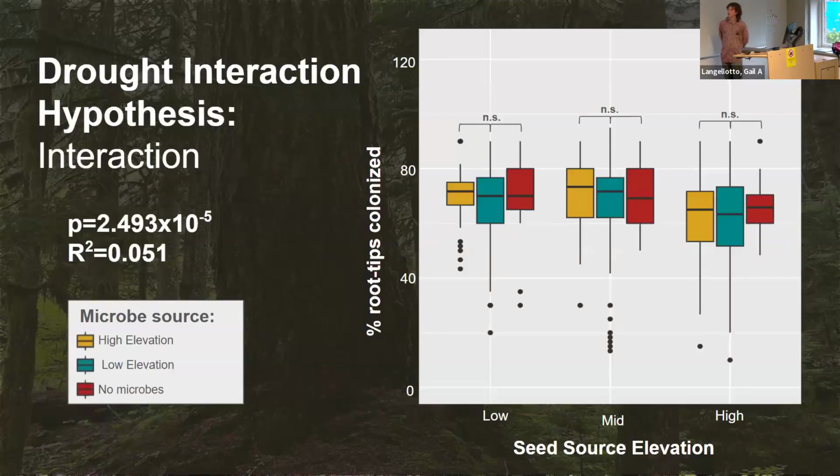For the drought interaction, again, we're met with a very significant p-value and the highest R-squared value that we're going to get out of this data set. But again, the pairwise comparison reveals that there is no difference between microbe treatments on a seed source level. This again shows that there is really no local preference observable within this data.